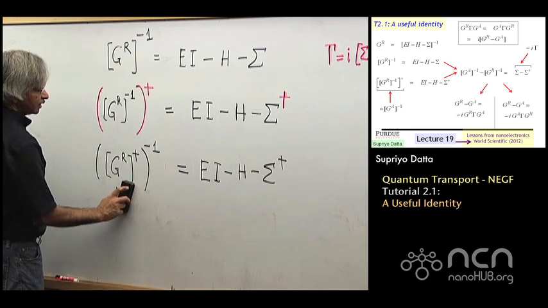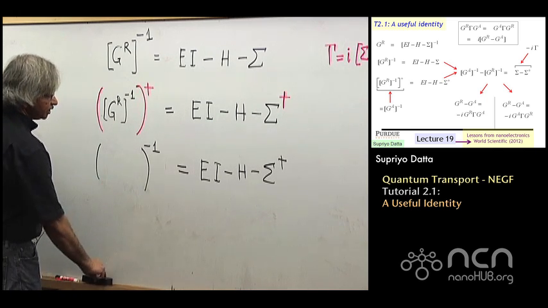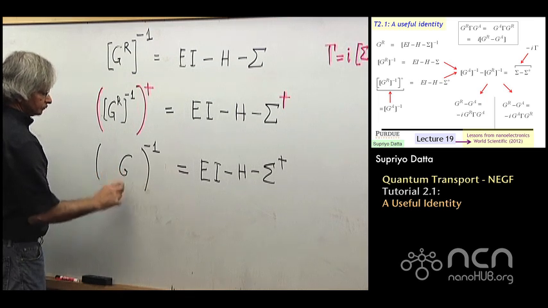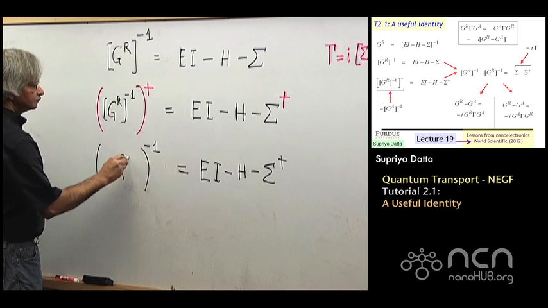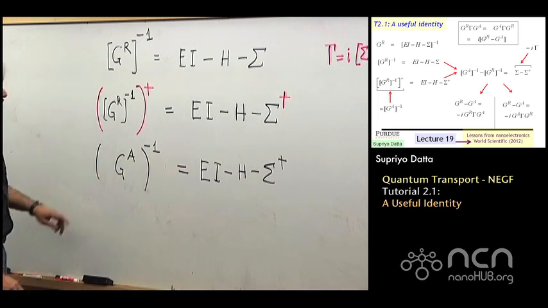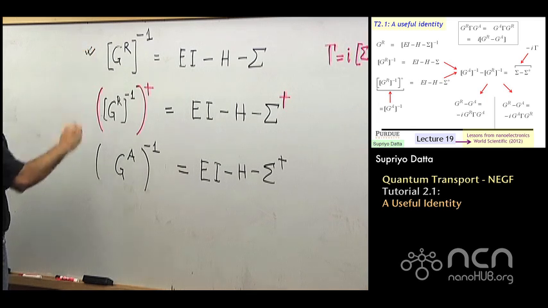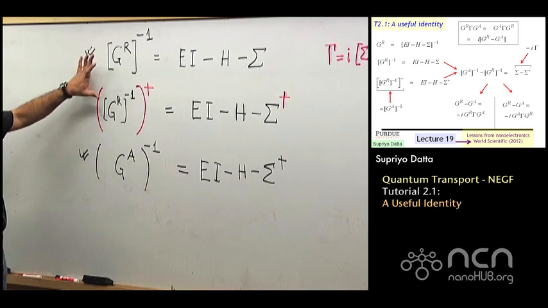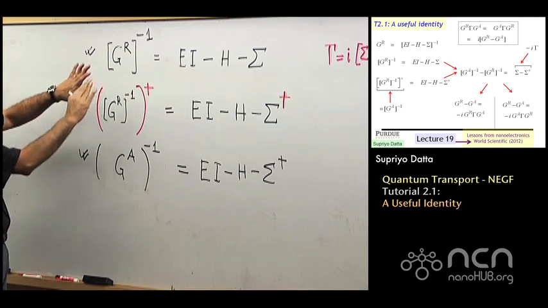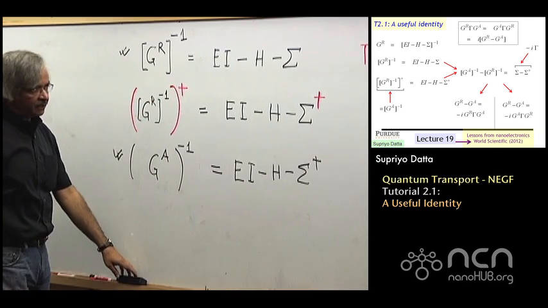So instead of GR dagger, then I could write GA. Okay. So those are the two relations that I need. The GR inverse is that, and GA inverse is that. And once we have those two, from those two we'll get the desired relations.